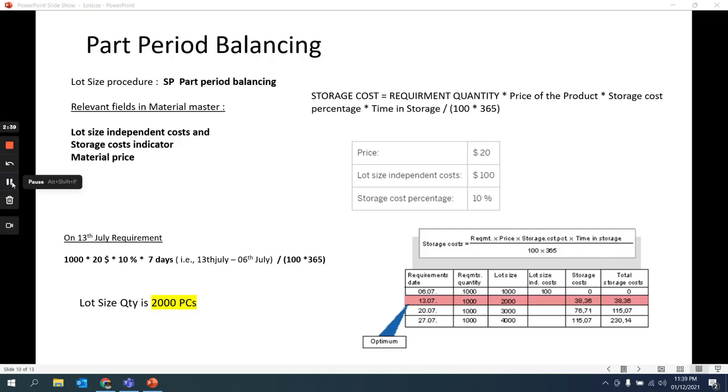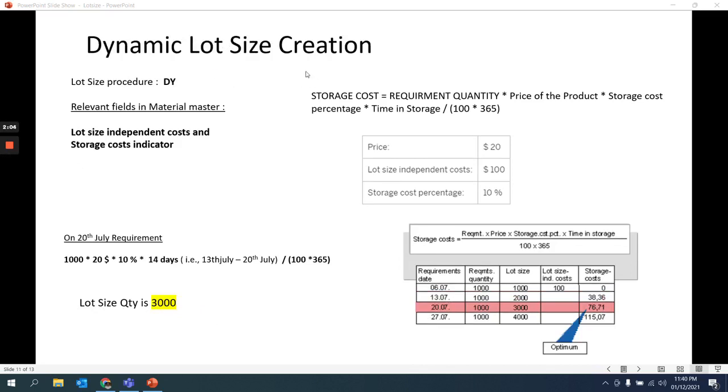It means the business does not want to store material for which the storage cost exceeds $100. So system confirms the requirement up to the 13th of July and calculates the order quantity as 2000 pieces. It means the requirements on 6th of July and 13th of July are summed up and calculated as the order quantity.